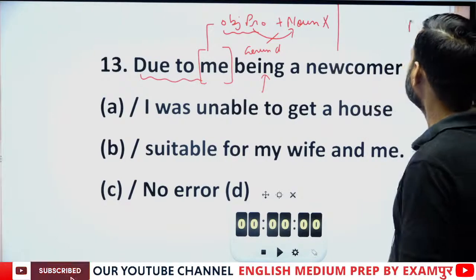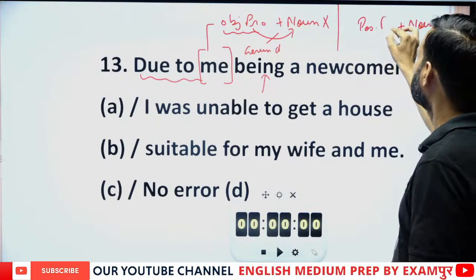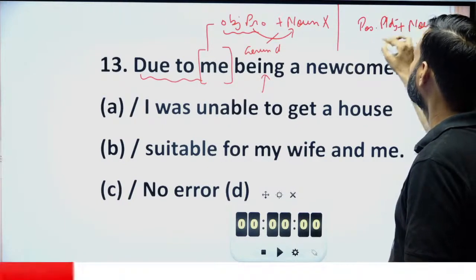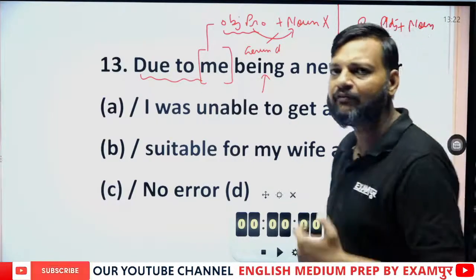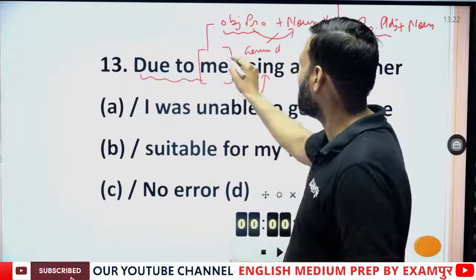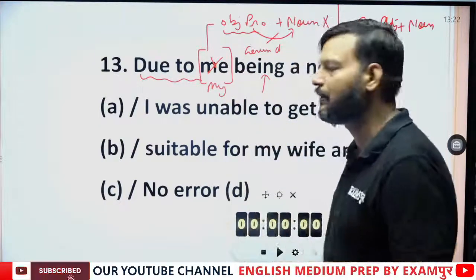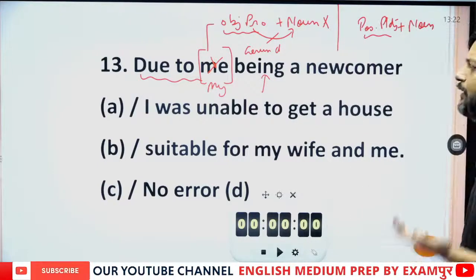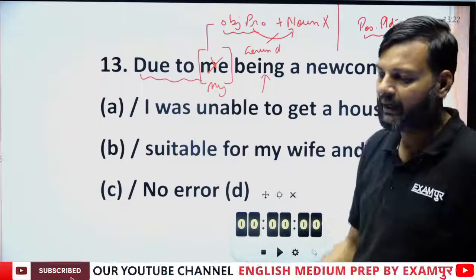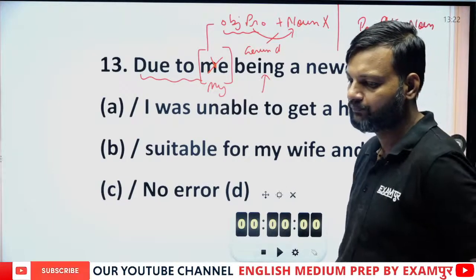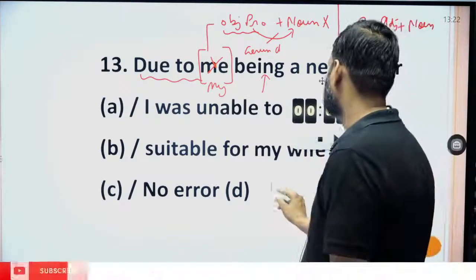Before a noun there should be a possessive adjective, and the possessive adjective of me is my. So here in place of me we need my. Due to my being a newcomer, I was unable to get a house. Okay, due to my being, this would be the correct sentence.